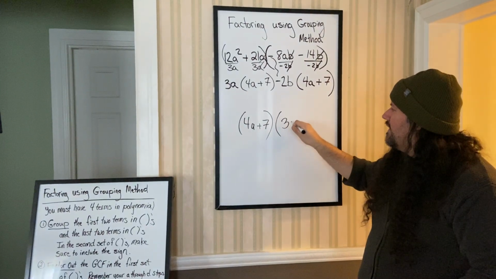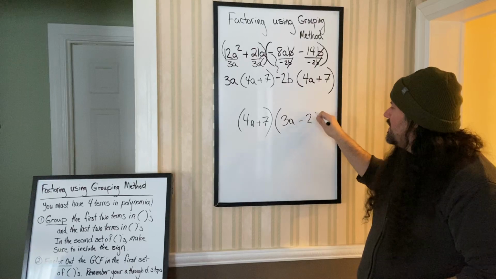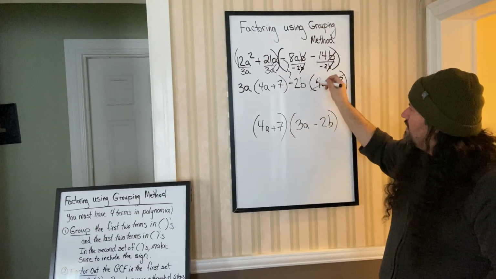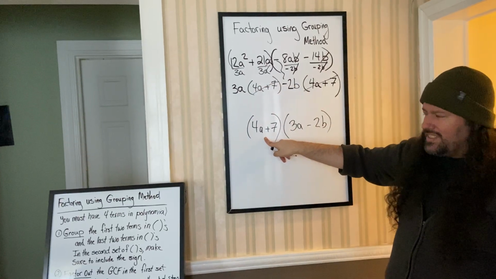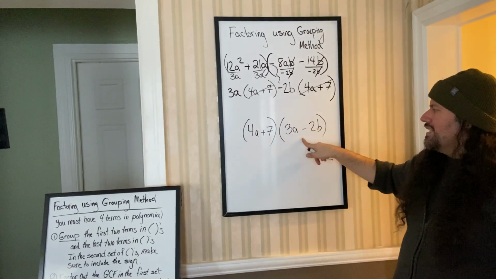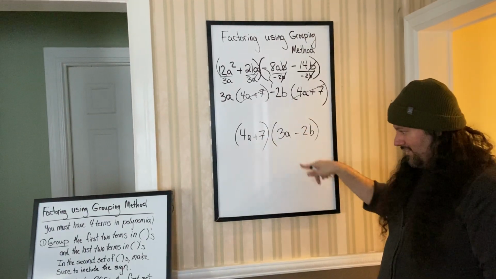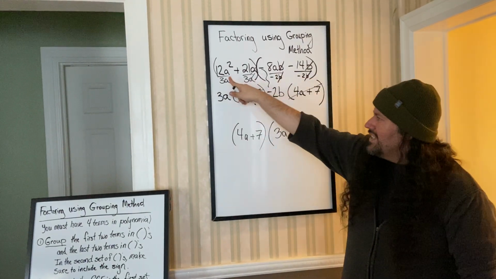The 3a minus 2b. Remember, these two parentheses are gone. They just become one set. This and this will make up your other set of parentheses. If you distribute this out, did a rectangle, you'll get all these terms.